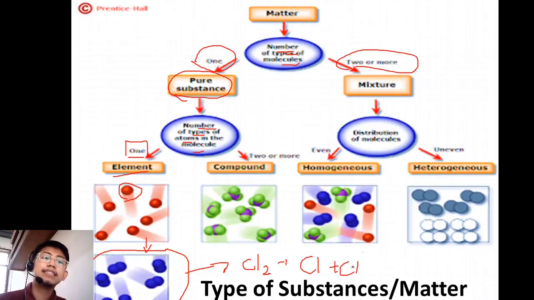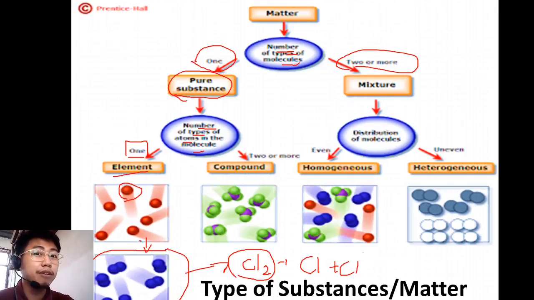You cannot see in nature a single chlorine atom. It would be hard, and nature doesn't do that. So in nature, we collect the chlorine gas, but still it belongs to element because it carries only one type of atom, right? But there are two atoms that are the same, that are bonded together to form gases.